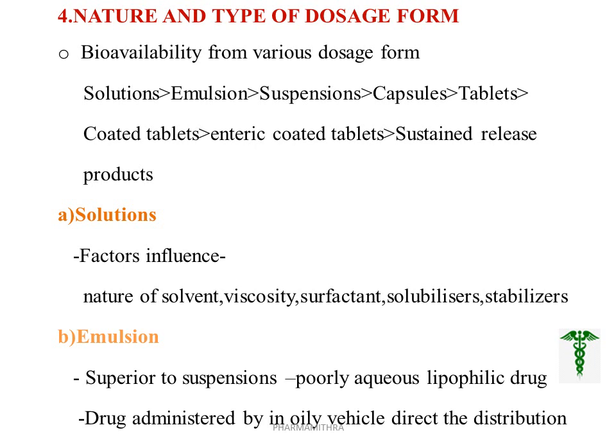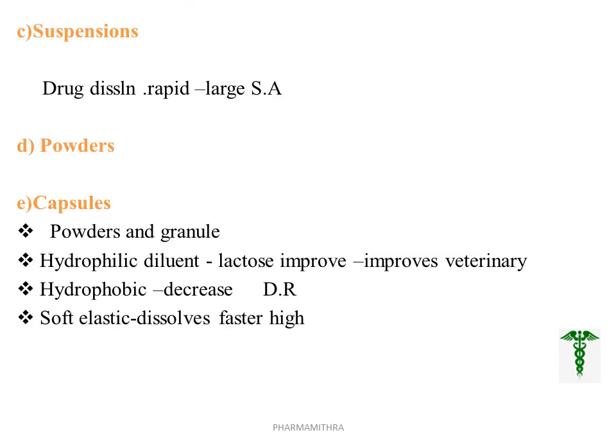That is, a drug administered in an oily vehicle can be distributed directly into the lymphatic system, thereby avoiding the first pass metabolism. In case of suspension, the major rate limiting step is the drug dissolution. It is rapid due to the larger surface area of the particles.